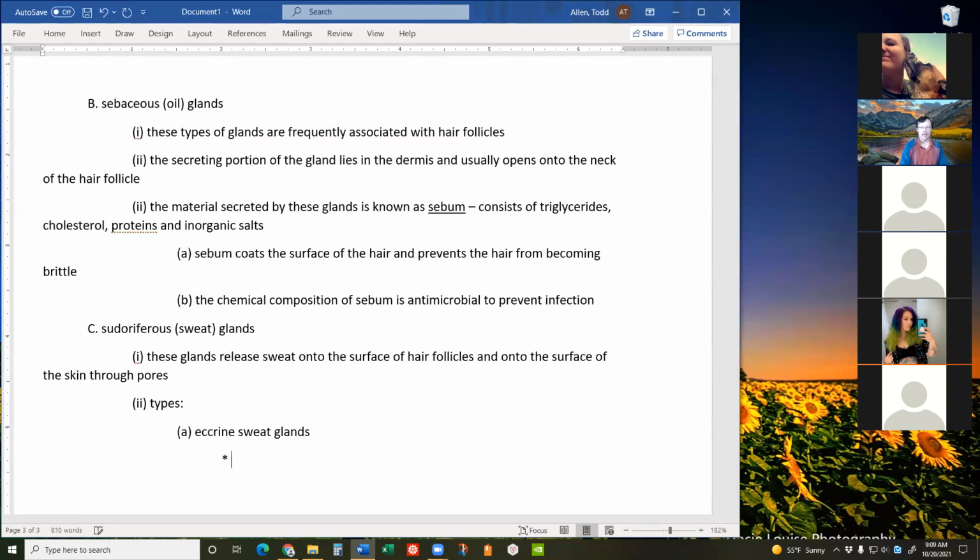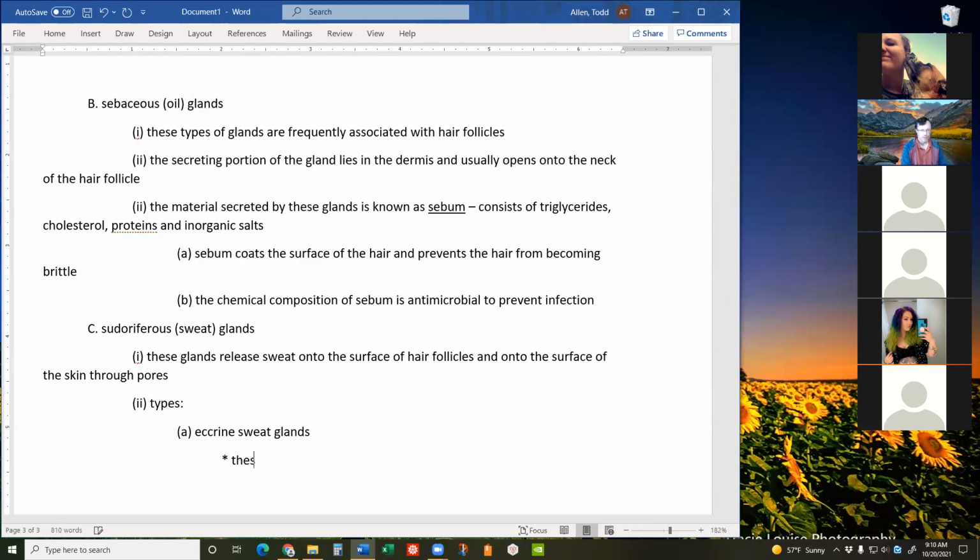The eccrine sweat glands are the type of sweat gland that most people think about when they think about sweating. So when you've been chopping down a tree outside your house, or mowing the yard in the hot sun, or playing a game of softball, or running a marathon, when we sweat, where is that sweat coming from? Well, it's being manufactured and released by the eccrine sweat glands. These sweat glands are located throughout most regions of our body.